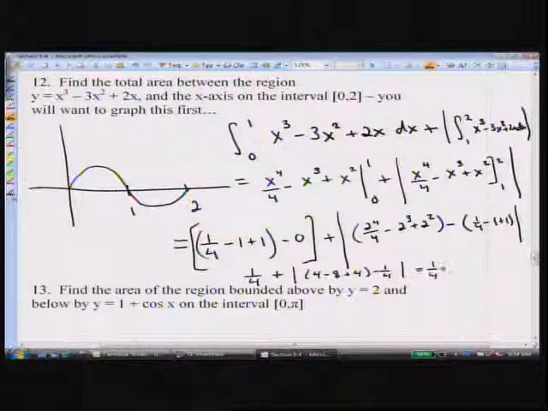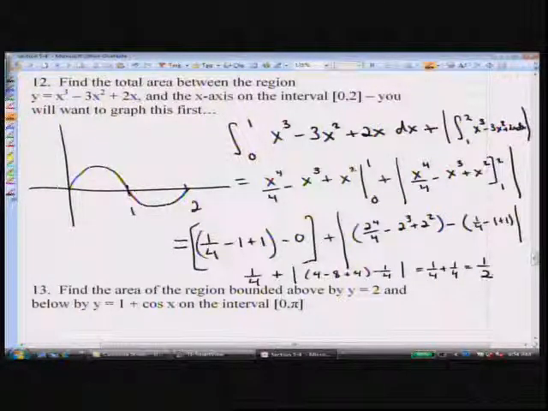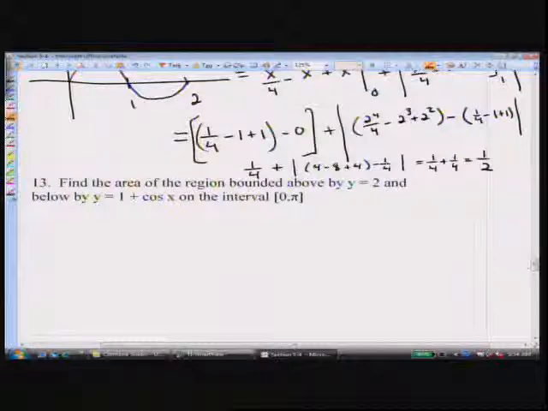So it's 1/4 plus 1/4, or 1/2. So that's kind of cute. And so on this one, it did turn out that those regions were symmetric, but you don't always know that. You could do some derivative work, though, and see where the max and mins were and kind of argue that, but whatever.